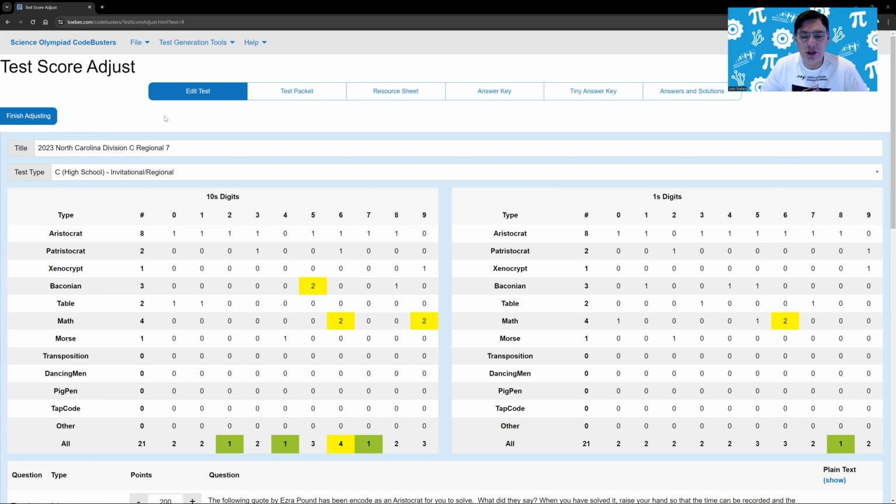And what we're looking for is ciphers of the same type. Your goal in adjusting the scores to avoid ties is to balance this so that you don't have any yellows. We don't have to worry about the bottom, that's the All row, because that's just giving you an indication of where you've got some room for adjusting.